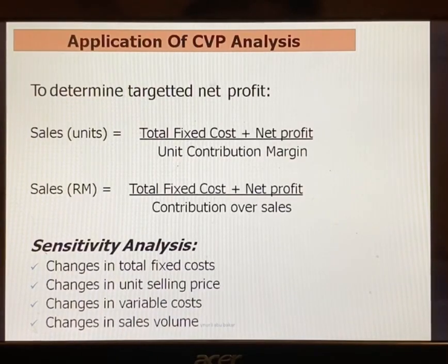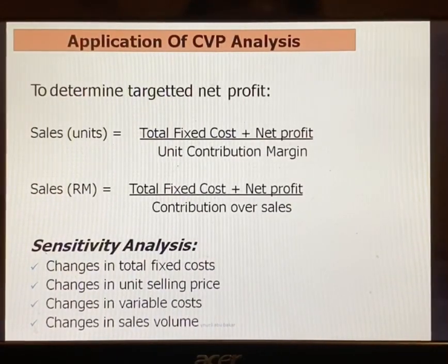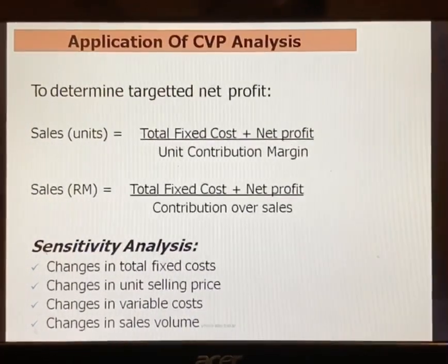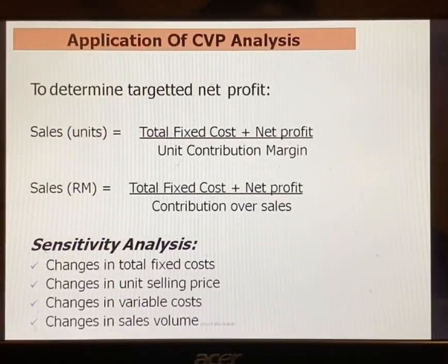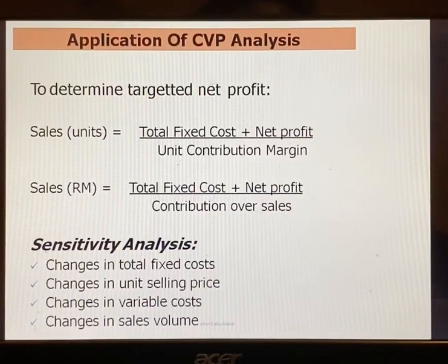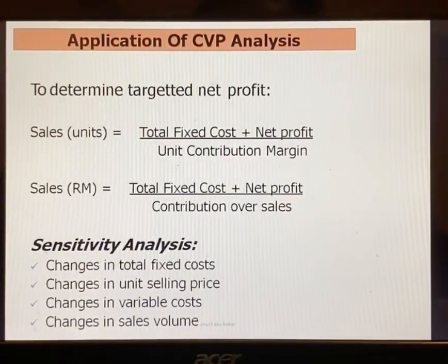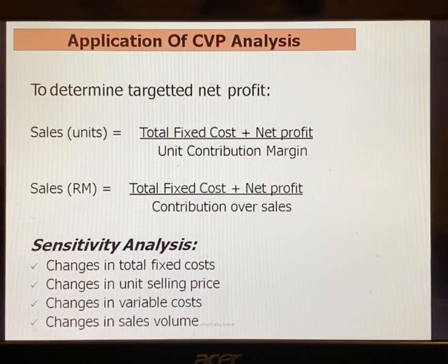Okay, the formula for sales in units, if a company is given a targeted net profit, is total fixed cost plus net profit divided by the unit contribution margin. And the sales in Ringgit Malaysia is the total fixed cost plus the targeted net profit, divided by the contribution over sales.